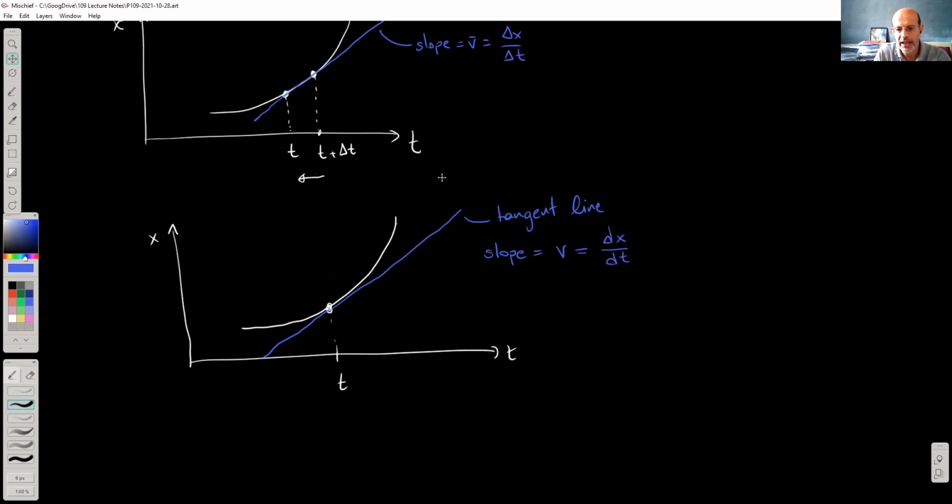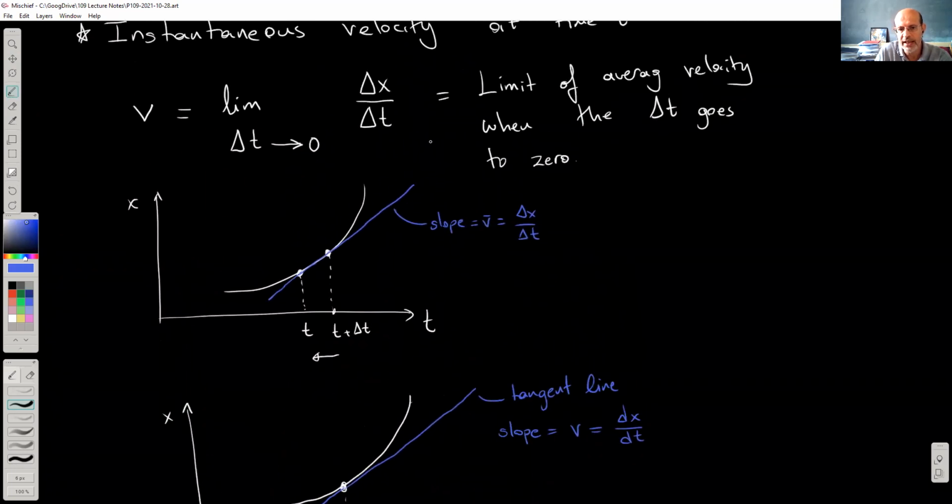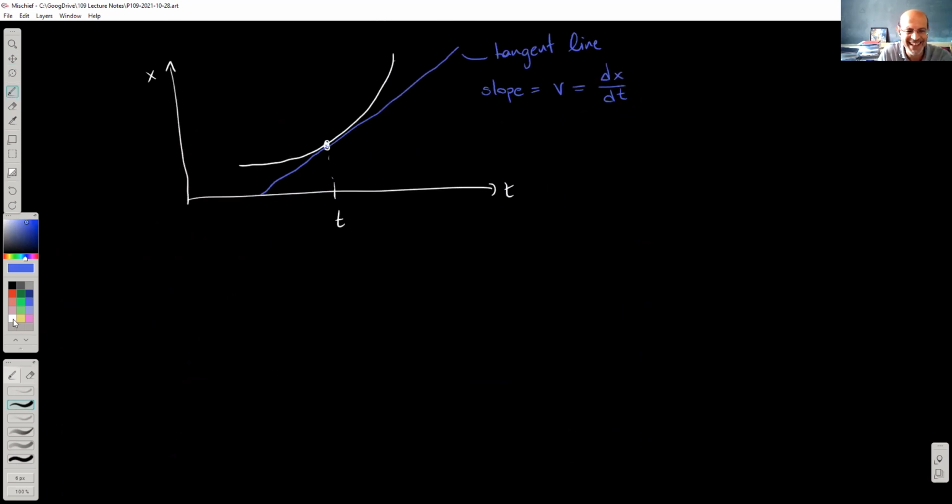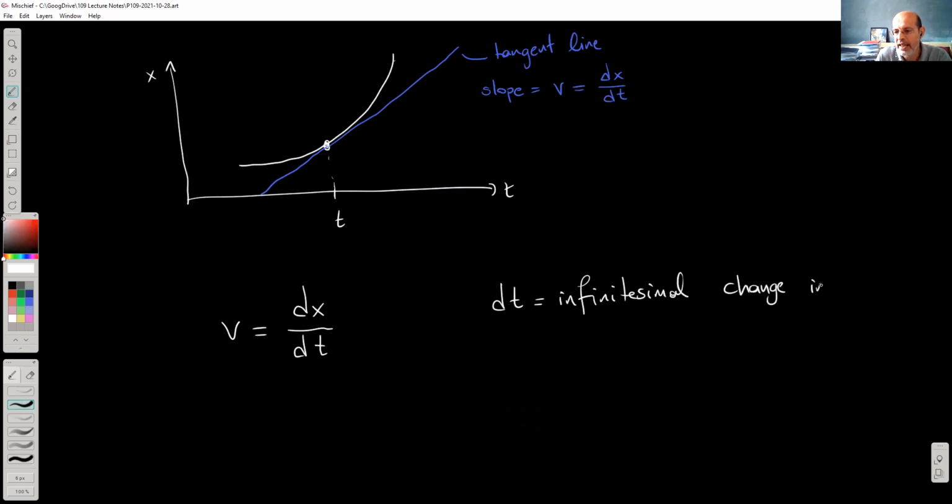Okay, so let me go back to that expression. With a special symbol, we just call this, sorry about that, I'm going to write this thing down. So the instantaneous velocity is this time written dx over dt. Here, dt is called the infinitesimal change in the value of t.